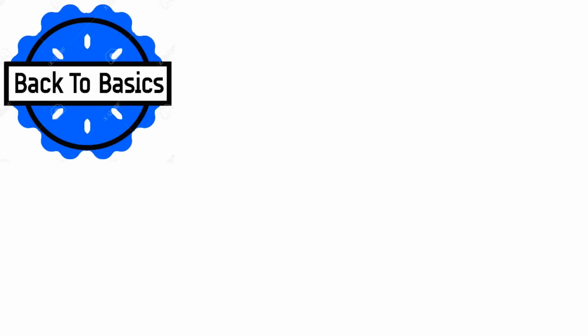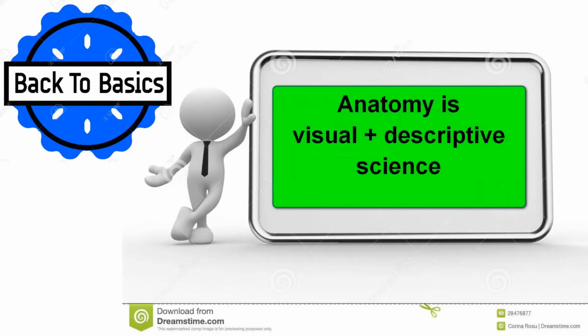In order to be safe all the time and work properly, we have to have our feet on the ground, and this is going to happen because we are always referring back to the basics of things. The basics of anatomy is that it is a visual and descriptive science.